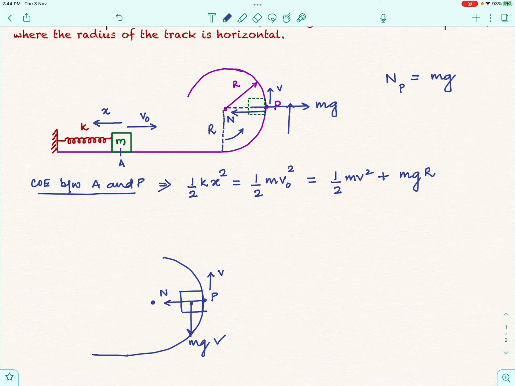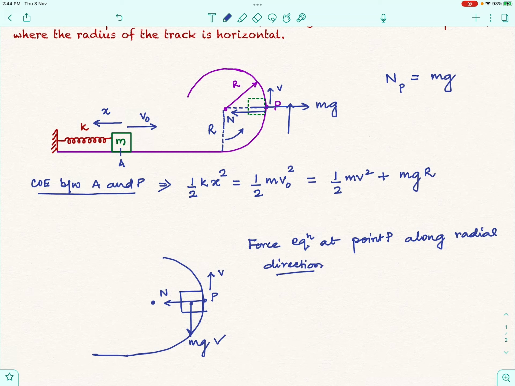So what we can do here is write the force equation at the point P along the radial direction on the block, of course. When we do this, let's see what we get.